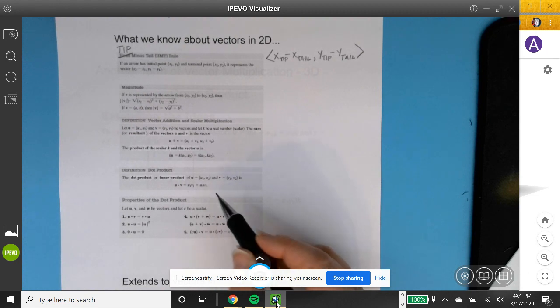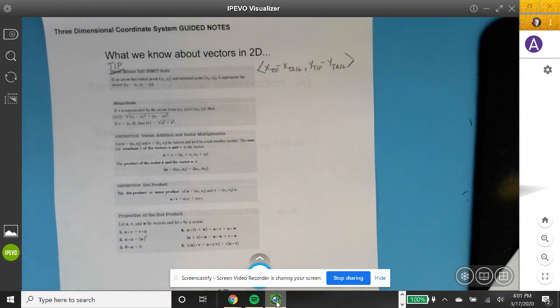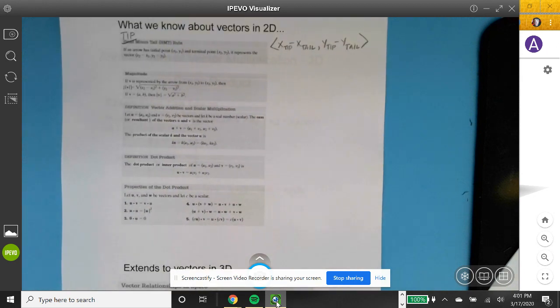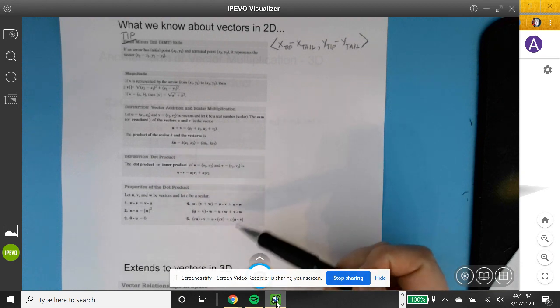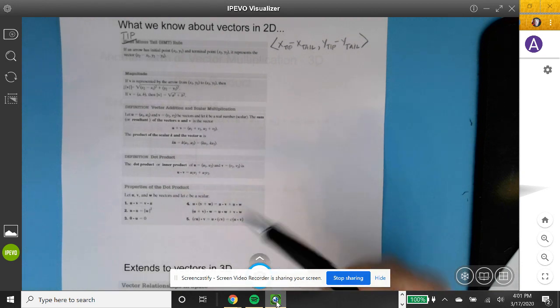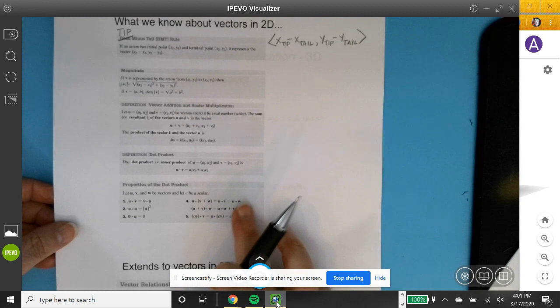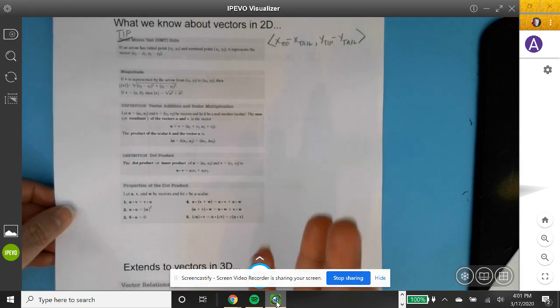And remembering that the dot product, if it's positive, we have an acute angle between the 2 vectors. If the dot product is negative, we have an obtuse angle between the 2 vectors. And if the dot product is equal to 0, we know our vectors are orthogonal or perpendicular to each other. And we proved these properties of the vectors in 2 space. And I'm not going to go over that again, but that's what we know so far.